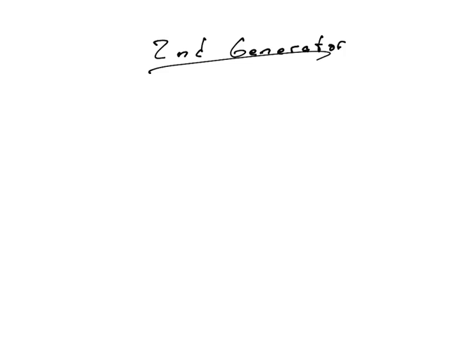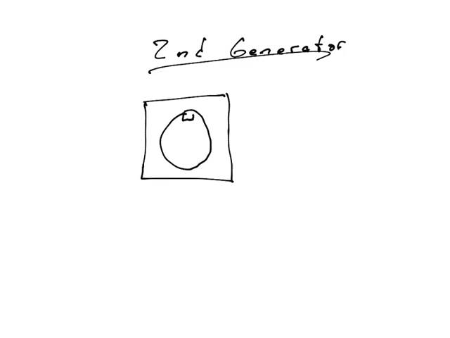So for the second generation, you again had pretty much the same kind of machine, only this time, the X-ray generator, instead of creating a pencil beam, a thin beam like a laser of X-rays, creates kind of a fan beam type of thing.